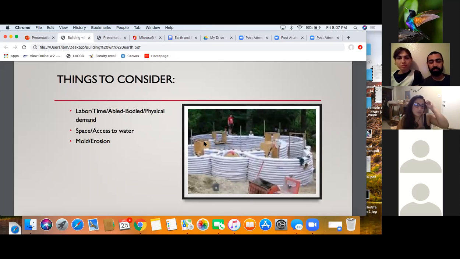And so I think you really need to think about also the physical demand of this, which is, it is hard. You're not working with power tools, and you're not working with a lot of really technical tools.